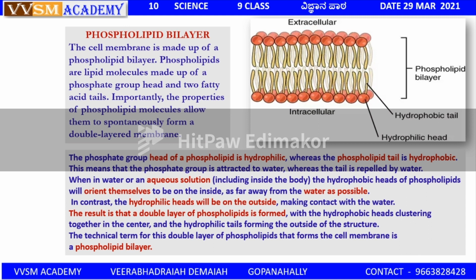The tail is hydrophobic, and the head is hydrophilic. The phosphate group head of the phospholipid is hydrophilic, whereas the phospholipid tail is hydrophobic. This means that the phosphate group is attracted to water, whereas the tail is repelled by water.